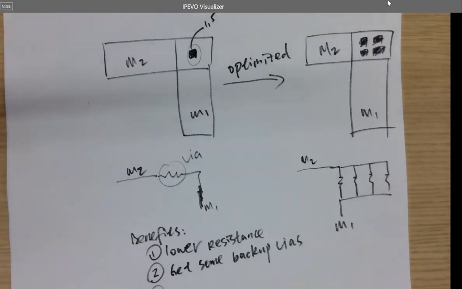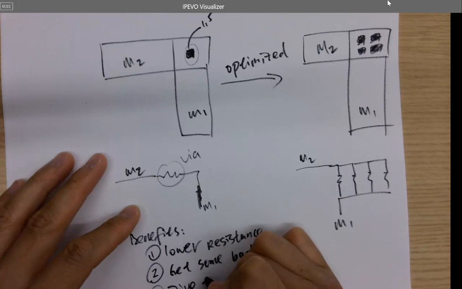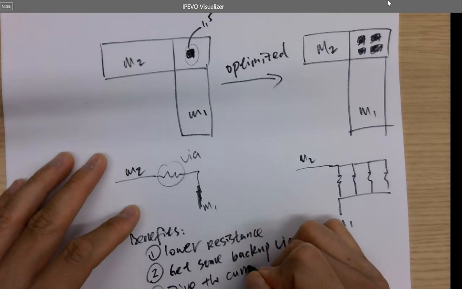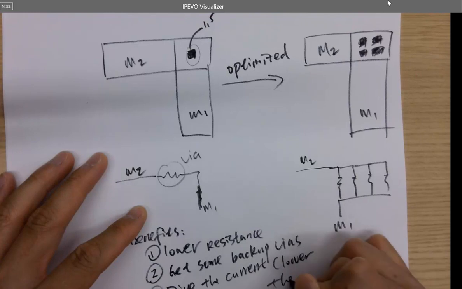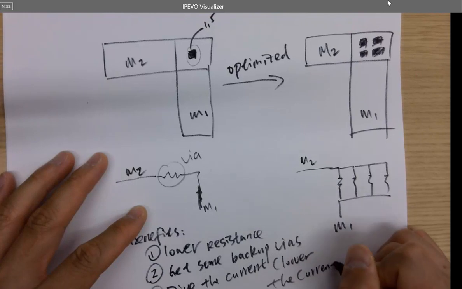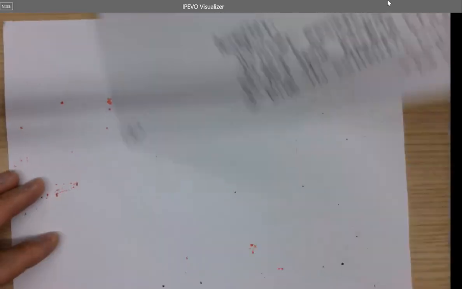Parallel resistors are dividing the current. A series of resistors is dividing the voltage. Okay. Lower the current. Make sense?